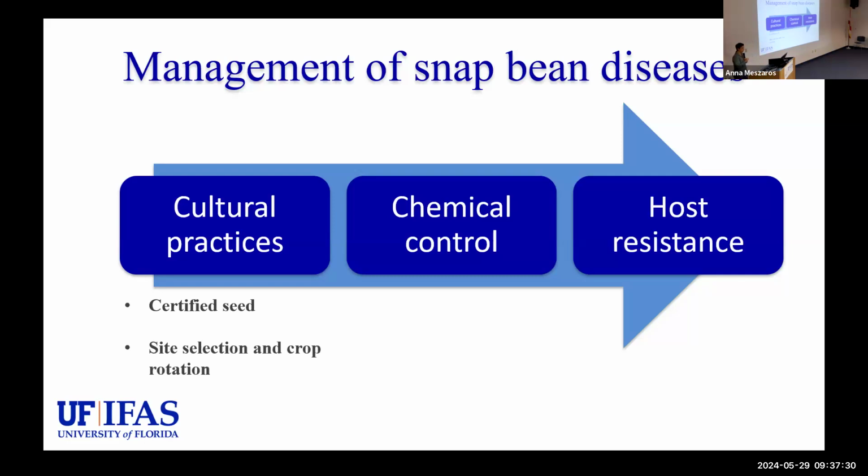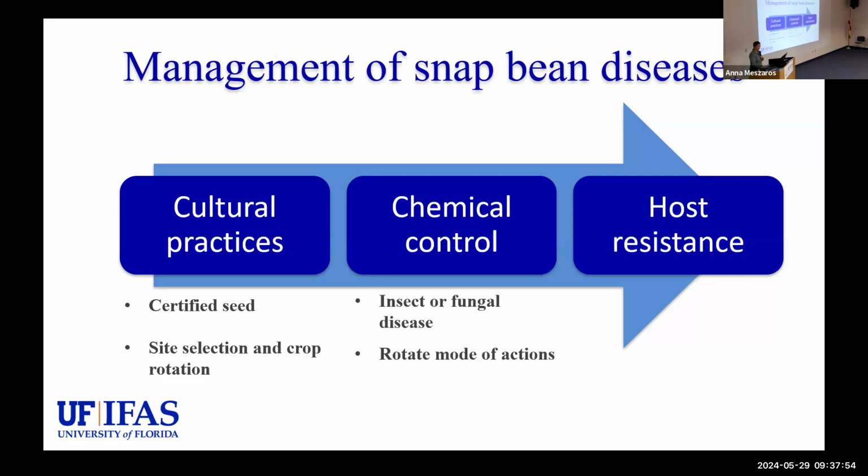for those soil-borne pathogens like Rhizoctonia, Pythium, white mold, if you have those diseases or pathogens in one block in your farm, you have to keep that in mind, because if you plant snap beans there again, most likely you're going to have problems and big losses for the next season. So it's important to plan your crop rotation well.